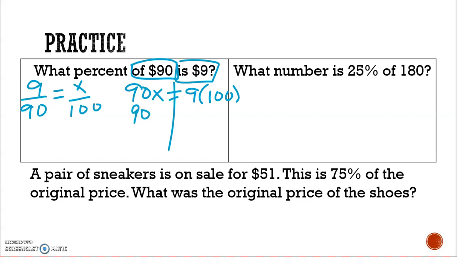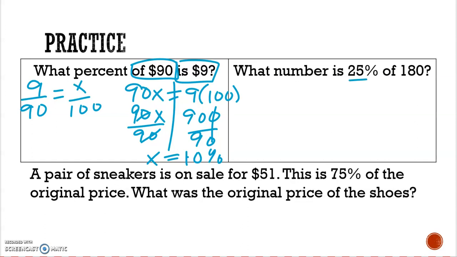So this comes down as 90x equals 900. Divide both sides by 90, and x equals 10%. Just like I showed you that zeros trick when you're multiplying, when you're dividing, I could have just canceled out one of those, and really I'm just doing 90 divided by 9, which is 10. So there's another nice trick for you.